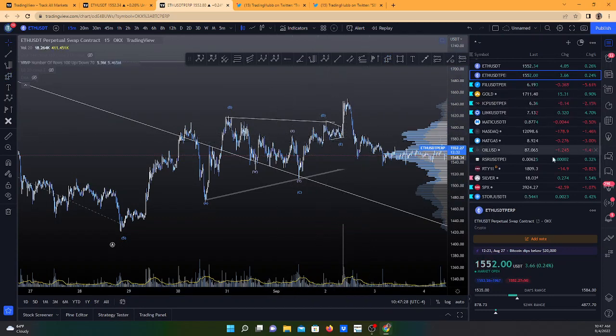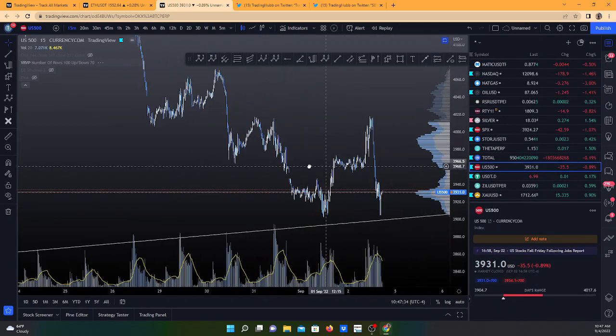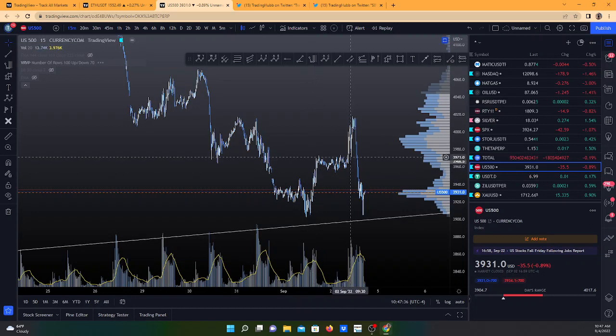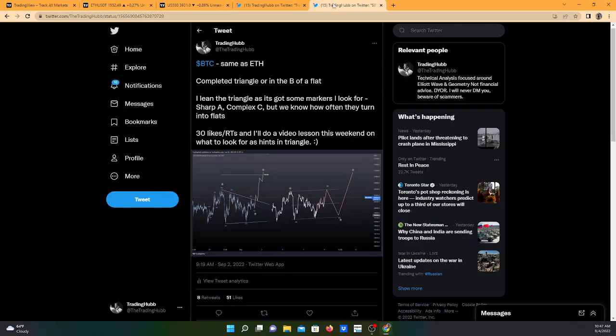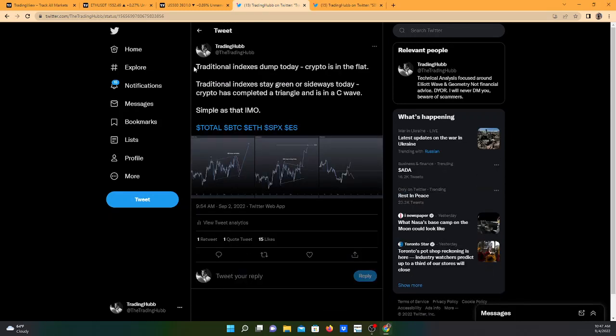And I think the reason for that is because this was just following the S&P. So the S&P, I believe, pumped here at the same time ETH broke upwards. So it could have been the triangle. But then I said, I think it was right here, if the traditional indexes dump today, crypto is in a flat.